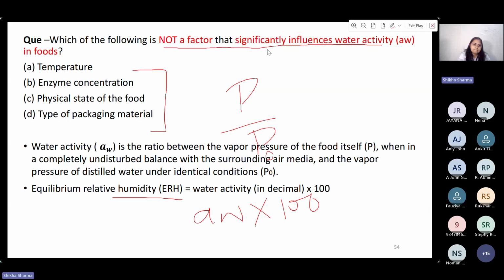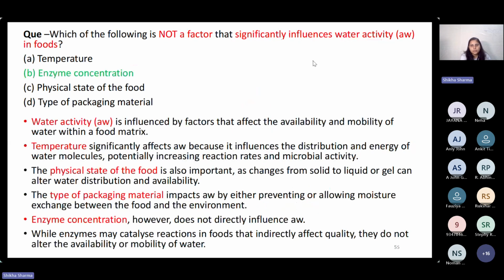So we need to tell which of the parameters is not going to affect the water activity. B, enzyme concentration. Okay, let's see. Yes, so enzyme concentration will not affect. Water activity basically is affected by the availability and mobility of water in the food matrix.